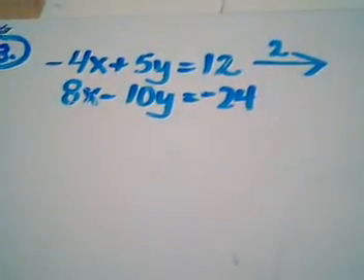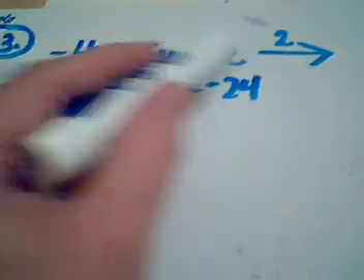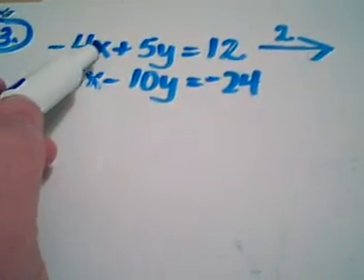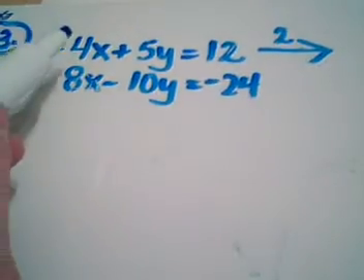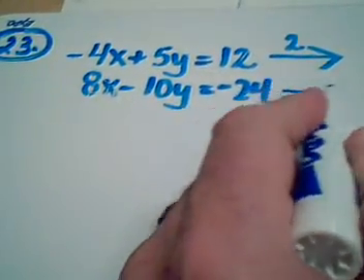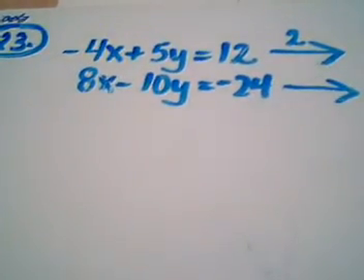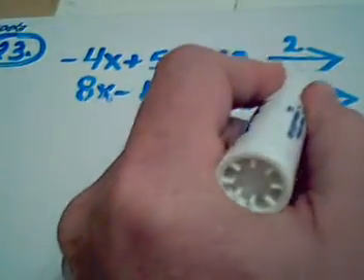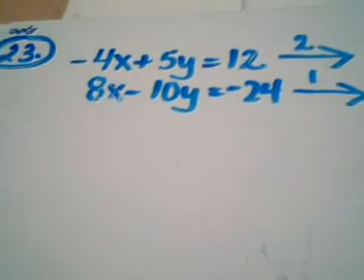The reason I chose that is, if I multiply negative 4x by 2, it will make it a negative 8x. And then the 8x down here, since I'm not going to do anything to this bottom equation, really other than multiply it by 1, will cancel.